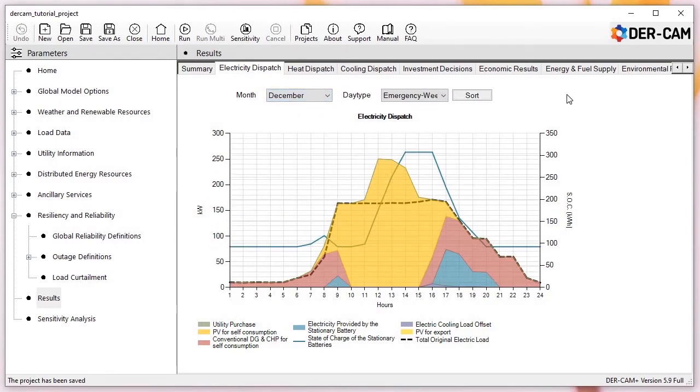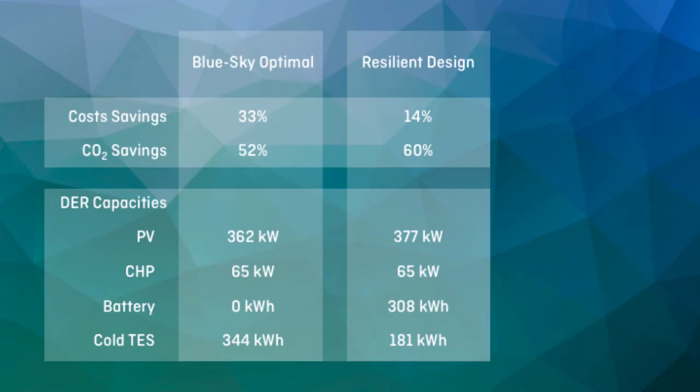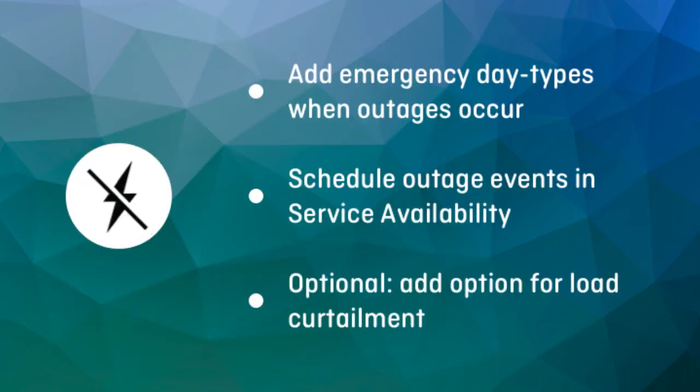This design solution also produces smaller savings to annual energy costs of only 14%, indicating that a design that is resilient to these two full-day outages comes at a cost to overall economic performance. We'll discuss in a later video methods to quantify the monetary value of resilience, which this particular model doesn't currently include. Before we do that, let's introduce the option to curtail loads.